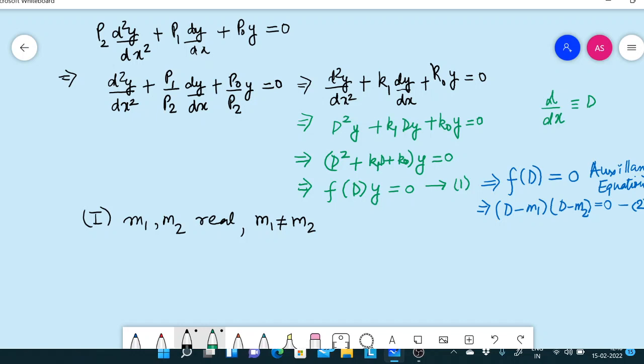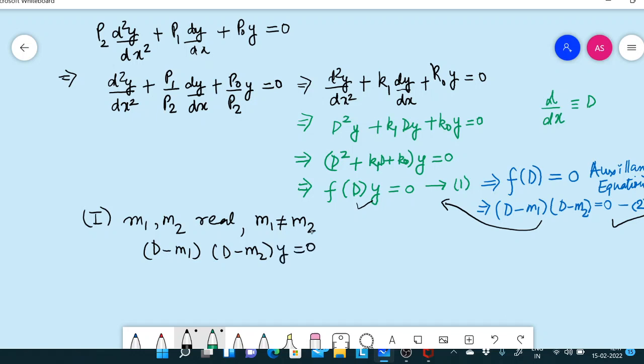So, our first case is when m1 and m2 are real and they are unequal in magnitude. When this happens, re-look at equation number 2 and equation number 1. So, if we substitute 2 in 1, we will get (D minus m1)(D minus m2) y is equal to 0, such that m1 and m2 are real and not equal.